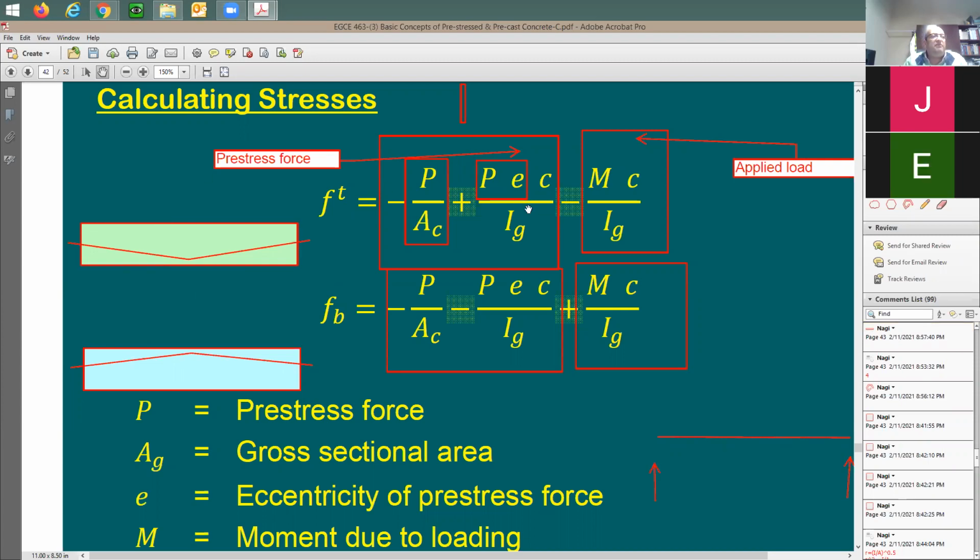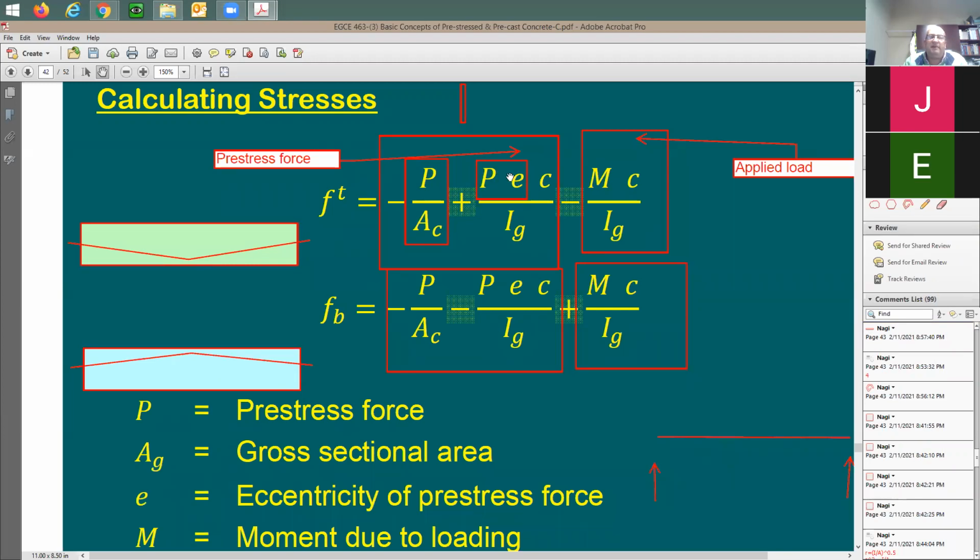Let me see the effect of this pre-stressing force when it comes to the top in here. It says here plus, which means I'm going to have here a positive moment. This value here is going to be positive, but this means it's going to be positive moment like tension at the bottom.